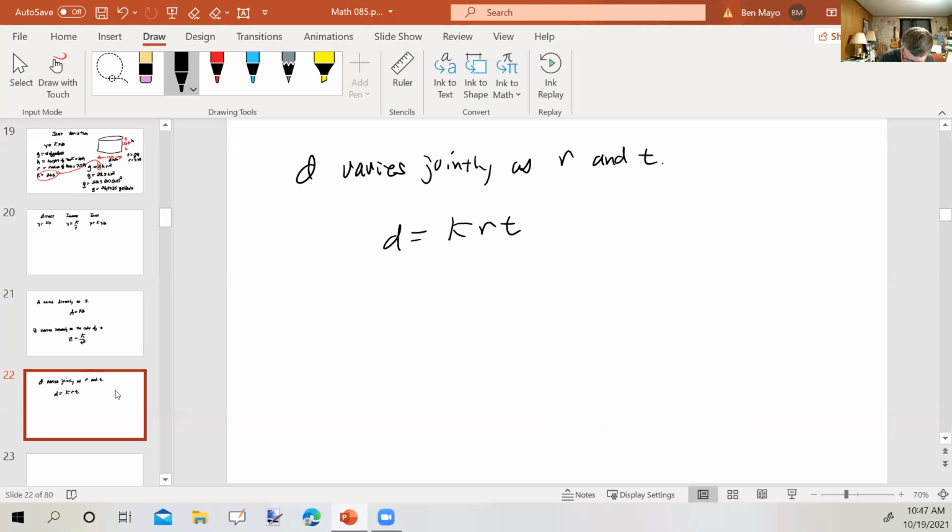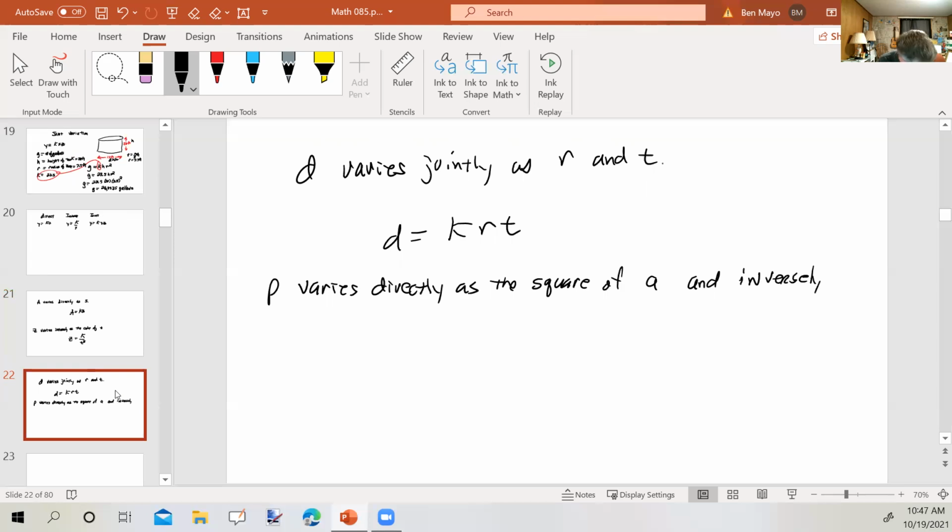How about this one? It says P varies directly as the square of A and inversely as the cube of J. So here we have more than one type of variation in the same formula.